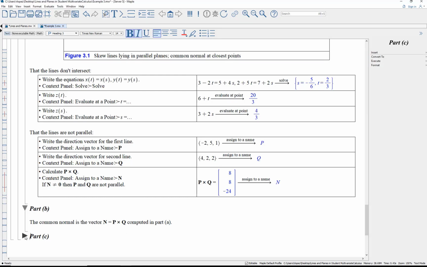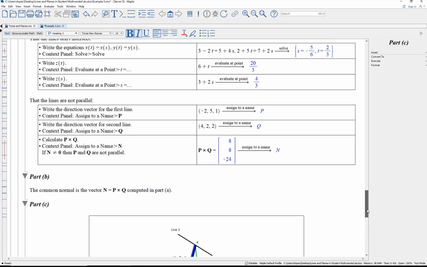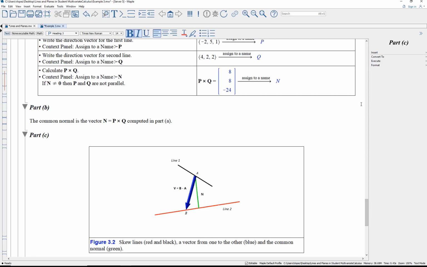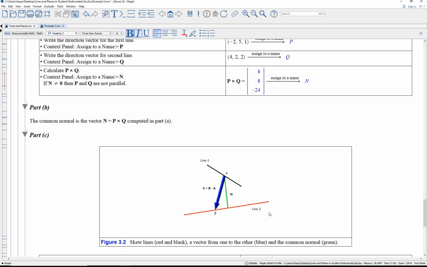Part C, done traditionally, profits from this drawing. Line 1, line 2. Point A on line 1, point B on line 2.